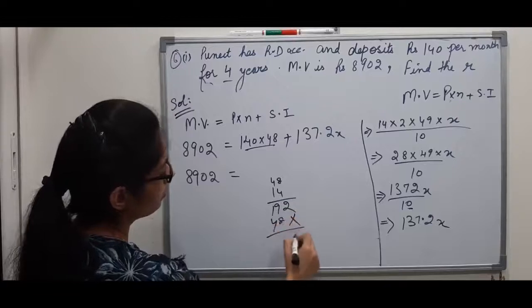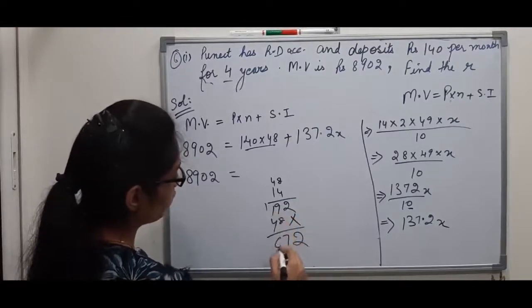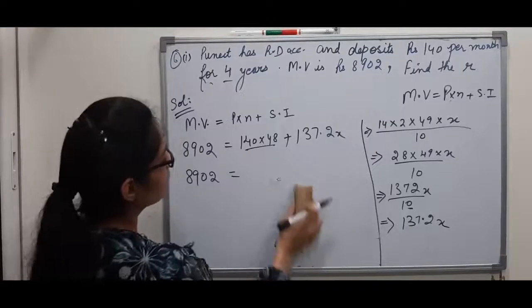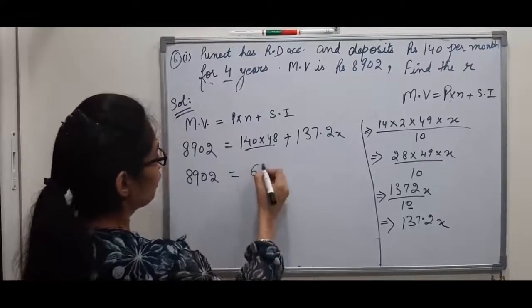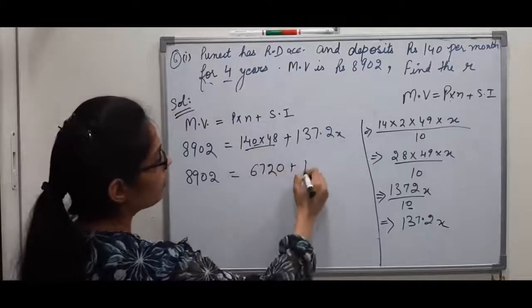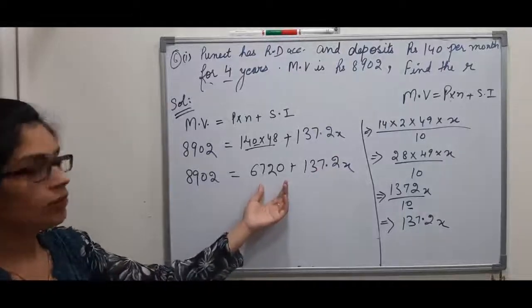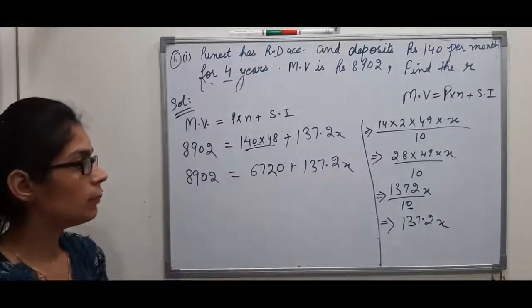This multiplication is required. I got 6720, plus 137.2x. So now this 6720 is getting added to the other number.